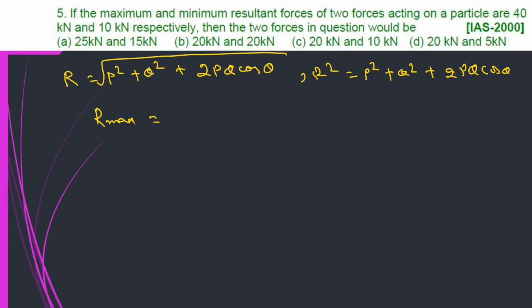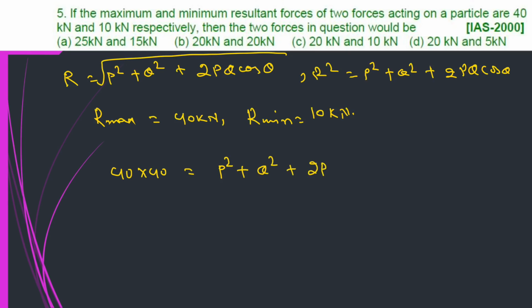Then R maximum is 40 kilonewton and R minimum is 10 kilonewton. So 40 into 40, or 40 square, is P square plus Q square plus 2PQ. Cos theta is 1 when R is maximum, and it will become minus 1 when R is minimum.